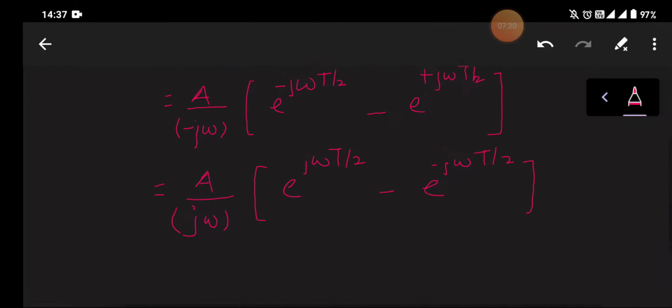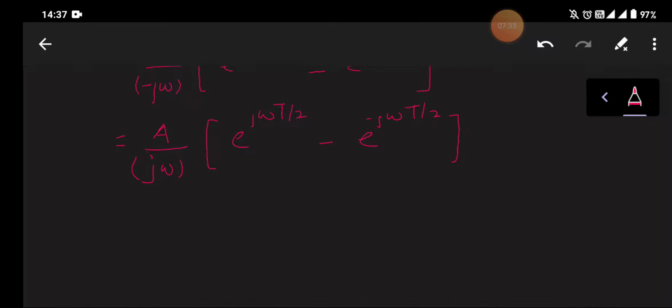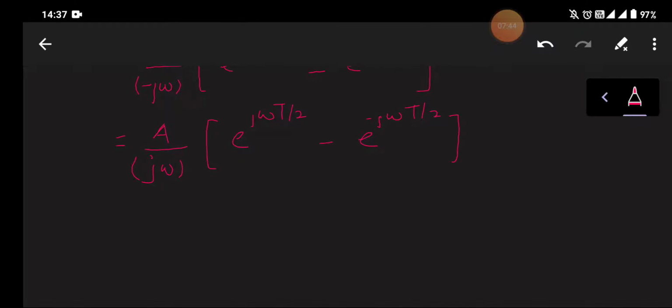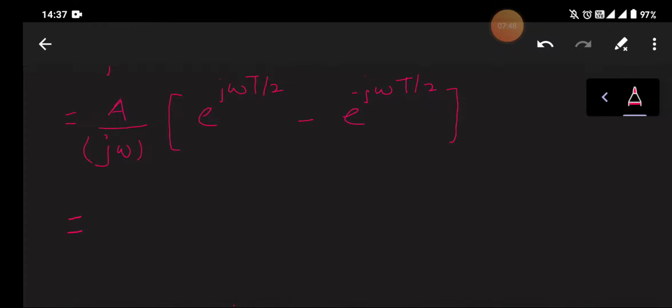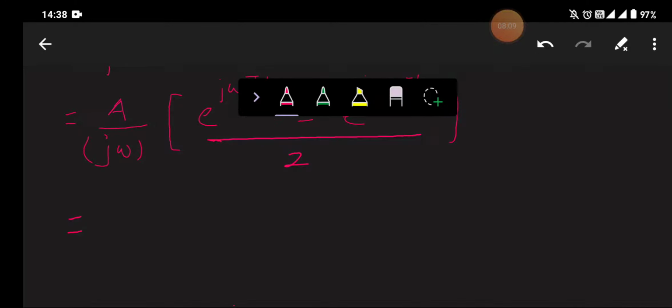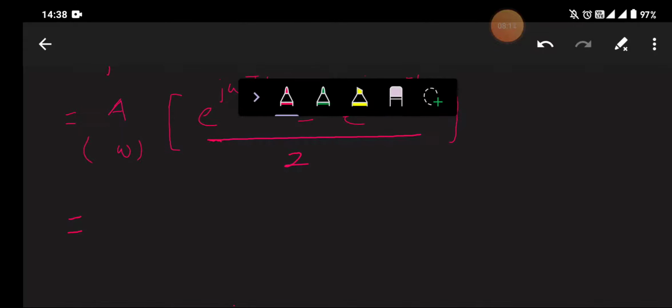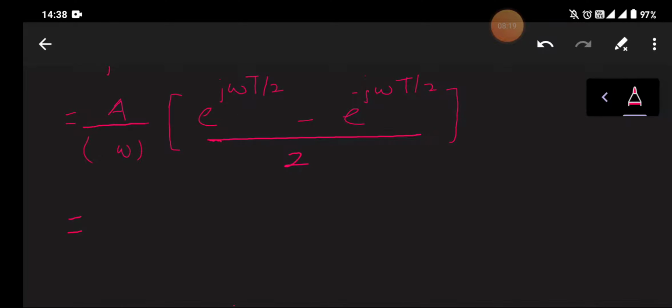Solving further, I am multiplying the whole equation by 2 to make it a sine function, and I can multiply the j written here over here.